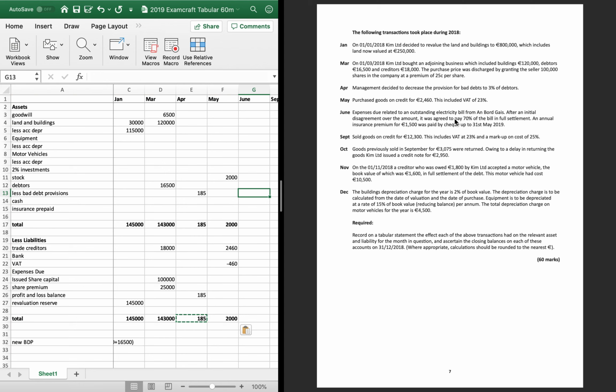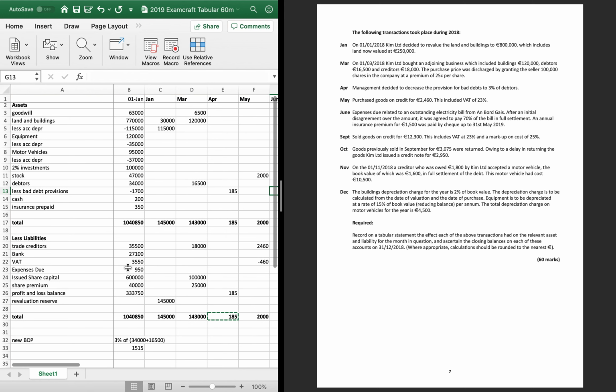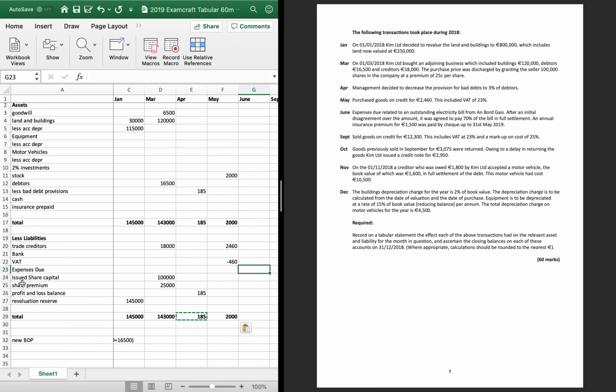In reality here, what's happened? Expenses due are here. Where are they? 950. All of that 950 is now not due anymore because you've come to an agreement with them that the 950 is gone. So you don't owe them 950 anymore.